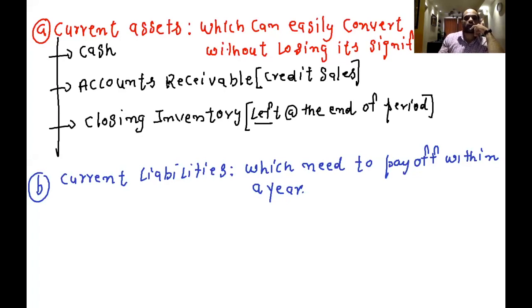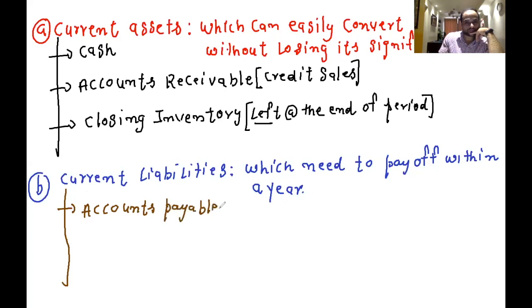Okay. So now, what are the current liabilities? We have various things, but I only focus on the items more relevant to working capital, right? So in current liability, first of all, we have accounts payable. You know accounts payable, what does it mean?